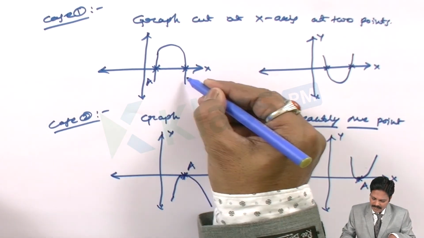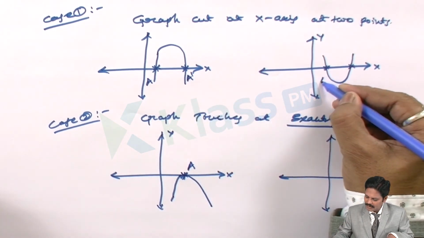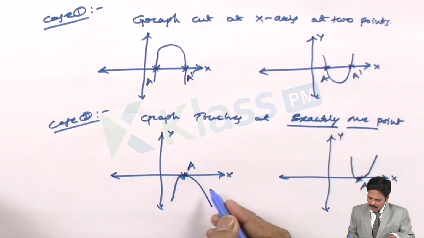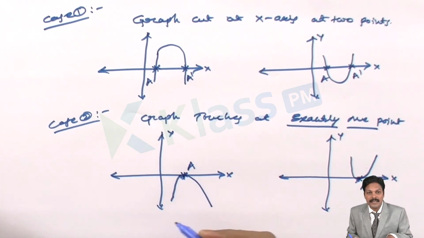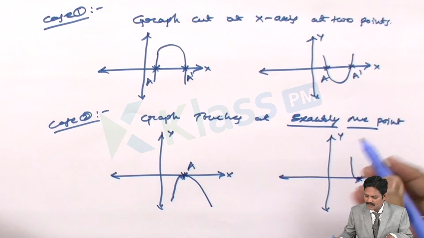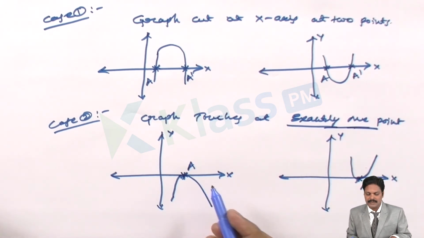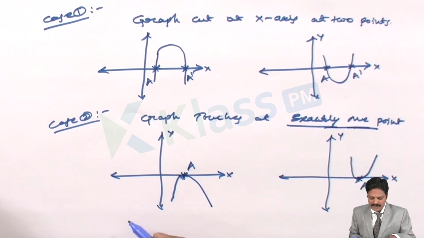Here we take the points A and A dash, but here A and A dash coincide at one point only. This is the representation of the second case.